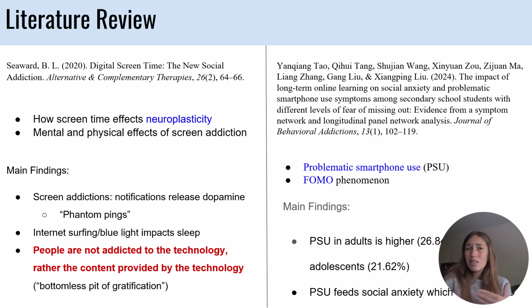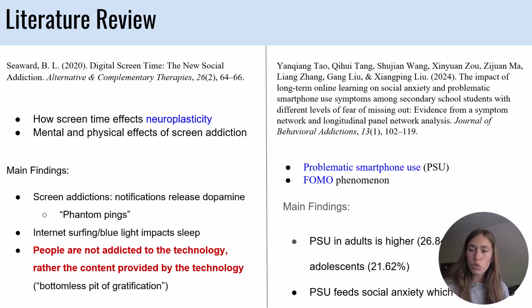And just trying to circle and connect all of the ties in this article, the problematic smartphone use, using your phone too much can heighten or increase your social anxiety, which makes you kind of seclude yourself. And when you seclude yourself, it is a part of human nature to want to know how people are doing. We're just naturally nosy.